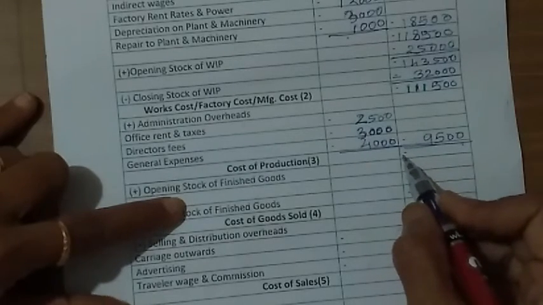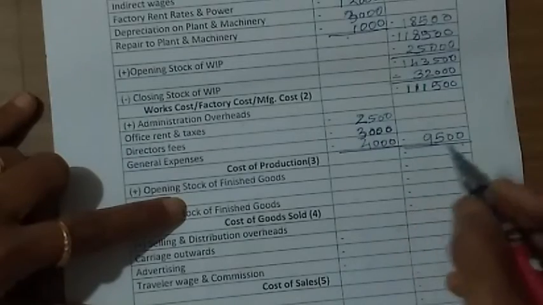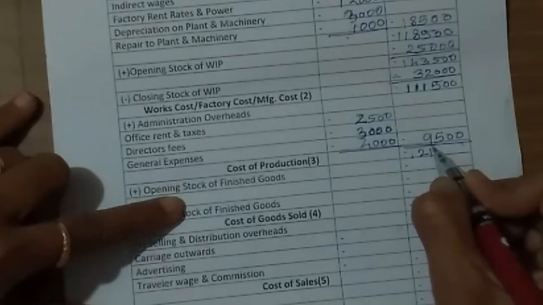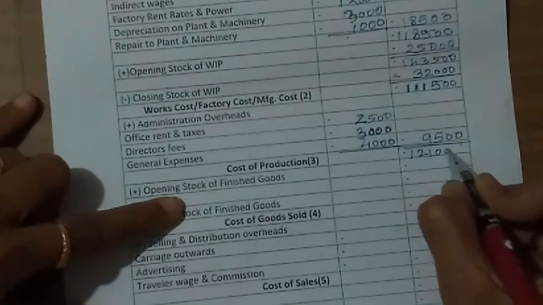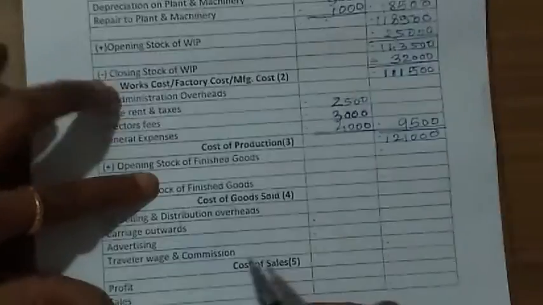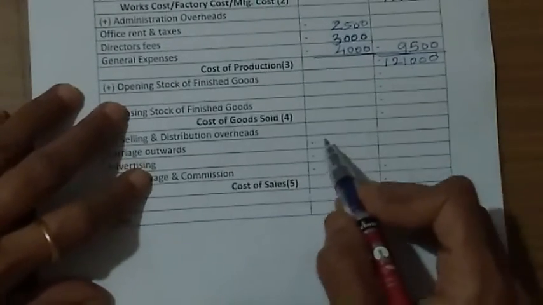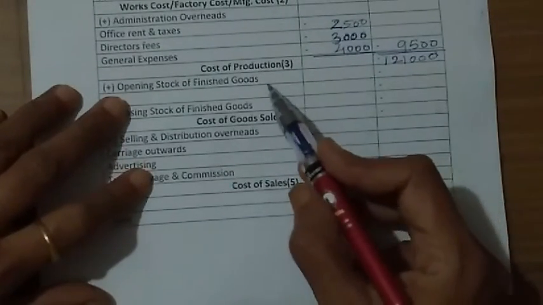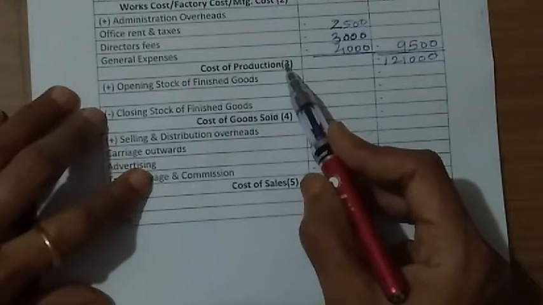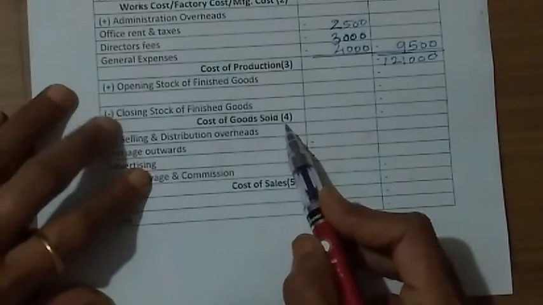We will get cost of production amount, that is 1,21,000. After finding cost of production, we need to find cost of goods sold.